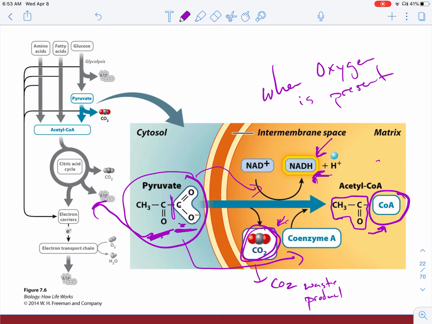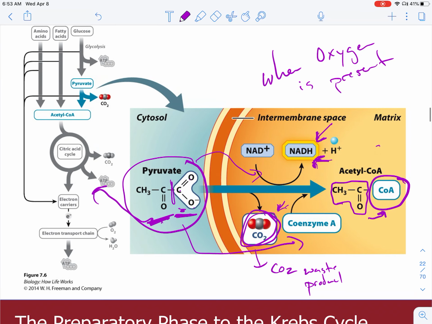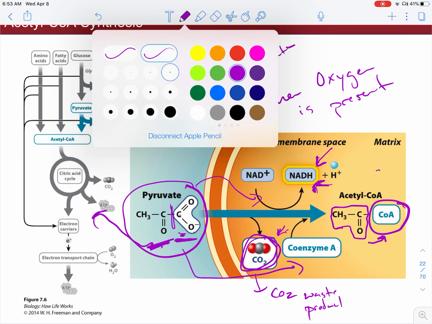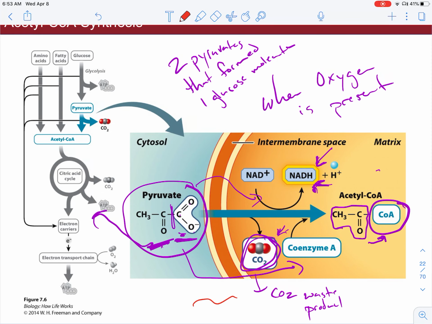And I'll just remind you from glycolysis, you have two pyruvates that are formed from one glucose molecule. So this process occurs twice for each glucose molecule.